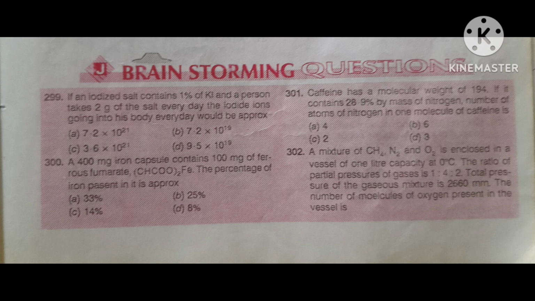The number of molecules of oxygen present in the vessel is: first option 6.02 into 10 to the power 23 divided by 22.4. Second option 6.02 into 10 to the power 23. Third option 22.4 into 10 to the power 22. Fourth option 1000.